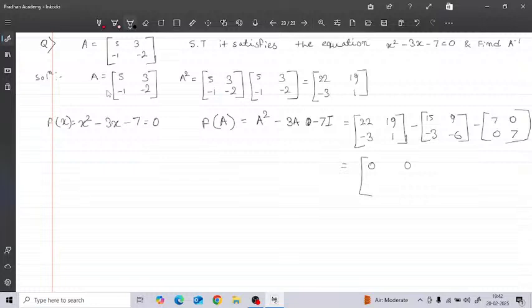I think something 15 minus 6, sorry, this will be 15 minus 6 will be 9. Yes, okay, that will be 9. So that is 0. That will be 0. So it is clear that A satisfies the equation.